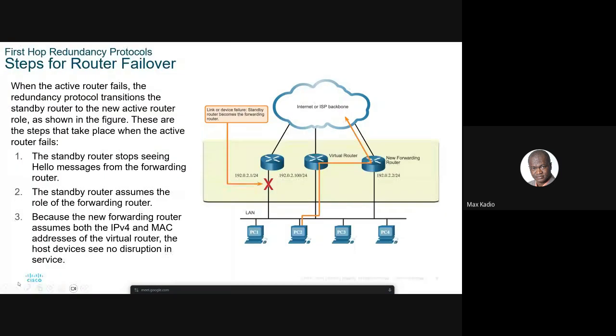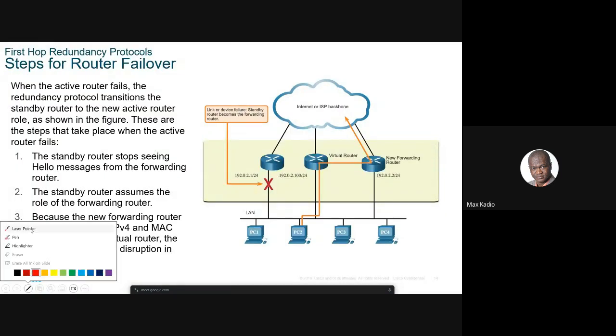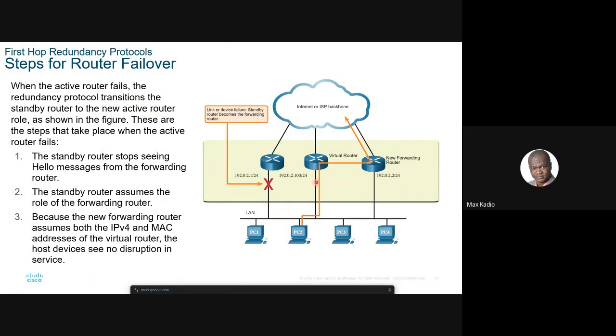Then the IP address of that virtual box is sent to the PCs. So all these PCs don't care about R1, R2, they care about the box, the virtual router. What's happening inside, no problem, we need to work. So inside the box, if R1 fails, R2 takes over. You see?